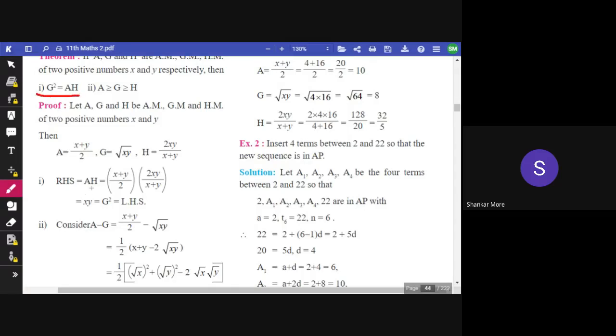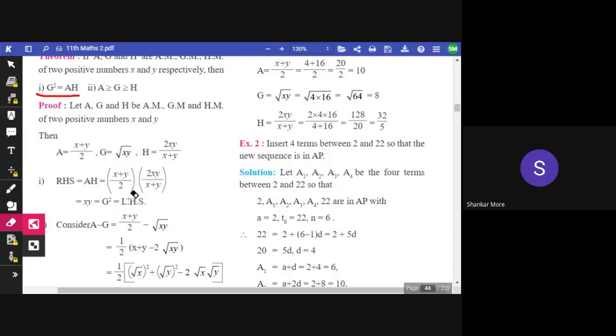We know the value of A, that is x plus y divided by 2, and H, 2xy divided by x plus y. So this x plus y gets cancelled, and this 2 and this 2 get cancelled. What is remaining is xy, and the value of G is root of xy. So G square is equal to xy, which is equal to the LHS. So the first theorem is proved.